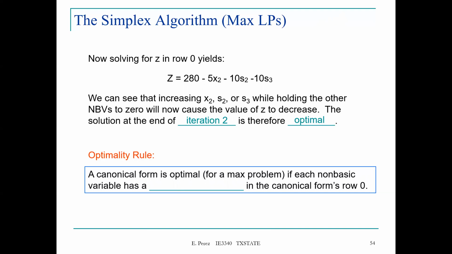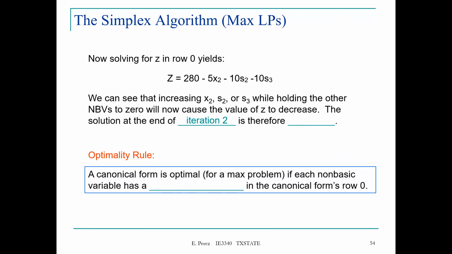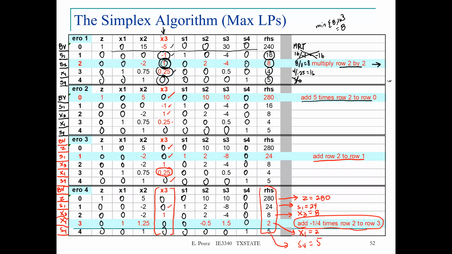What is the optimality rule? A canonical form is optimal for a maximization problem if each non-basic variable has a non-negative coefficient in the canonical form row 0. So the idea, again, if you look at this last tableau, you look at row 0.